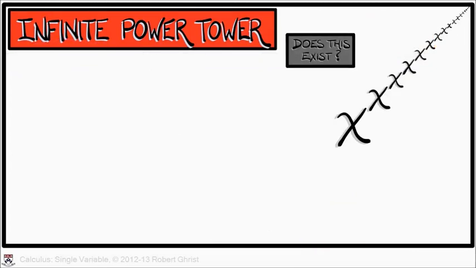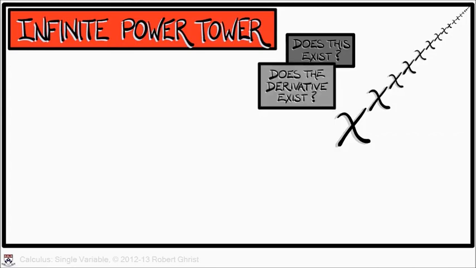We haven't answered the question, does this function actually exist? If it does, does its derivative exist? Just because you can compute something that seems to be a derivative does not mean that the function is in fact differentiable. There are limits to be computed in order to prove this.